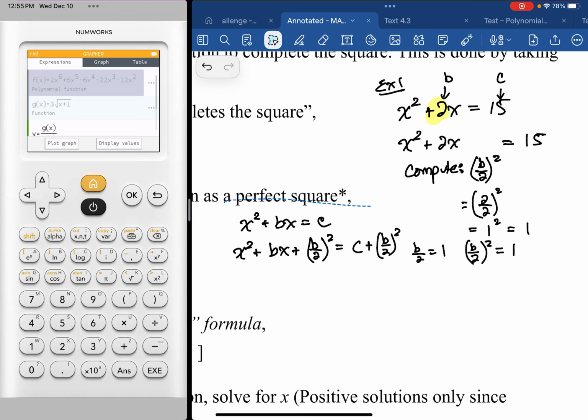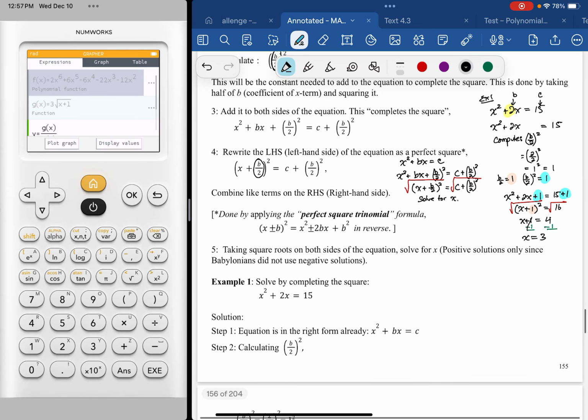And then once you do that, you solve for x. In this case, using the linear algorithm from the last unit, I would subtract a 1 from both sides. x equals 3. So that's the complete solution.